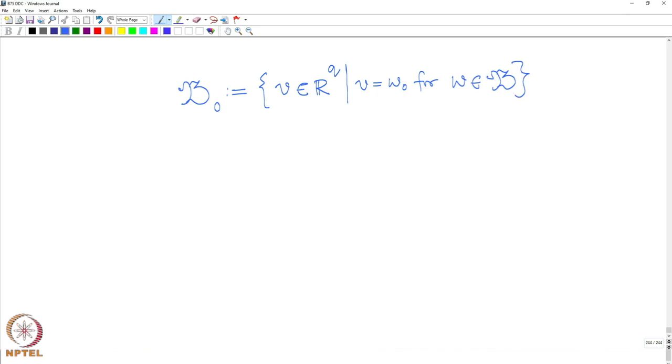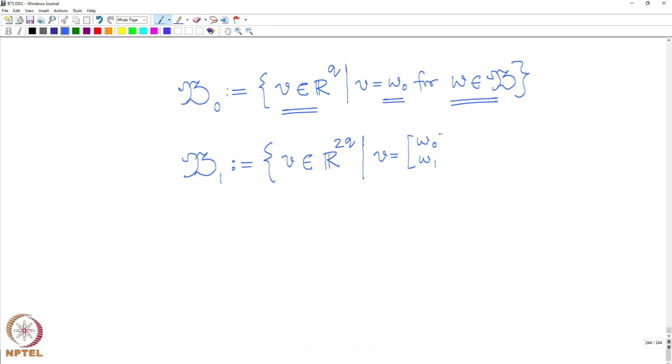So, I look at q sized vectors which are in fact initial values of all the trajectories in the behavior. Likewise, I define B1 as the collection of all vectors V in now size 2q such that V is equal to W0 W1 for some W in B. You see the first two values of a trajectory.